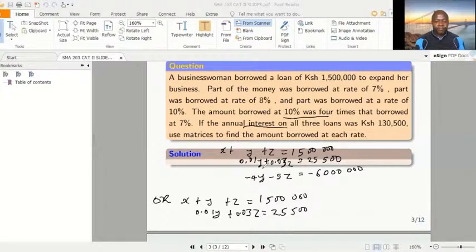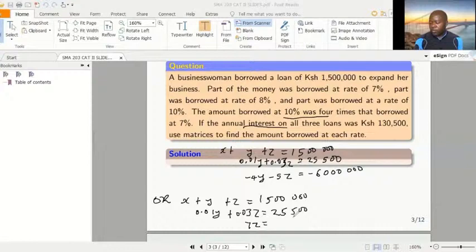Multiply this one by 400, and you do that in your calculator. Let me just do it with my calculator. So that is 25,500 times 400.